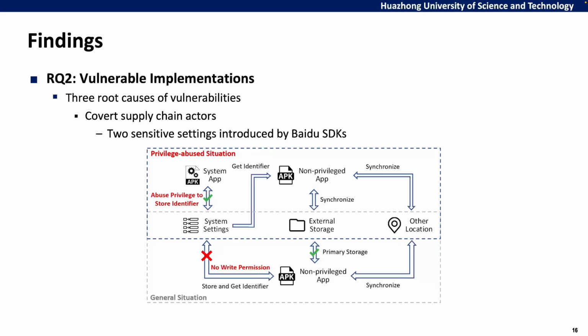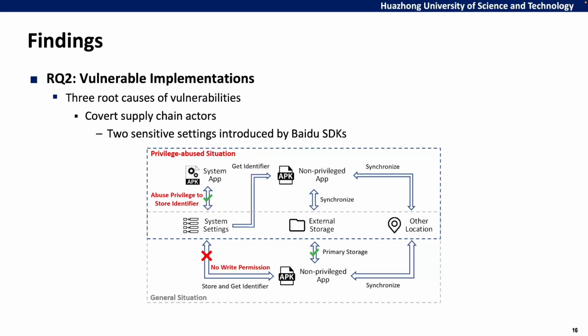Our further analysis reveals three root causes behind these vulnerabilities, including the involvement of covert actors in the supply chain. We found that many system apps integrate the Baidu SDK, which introduces two sensitive settings, and none of the tested systems provided effective protection for them.